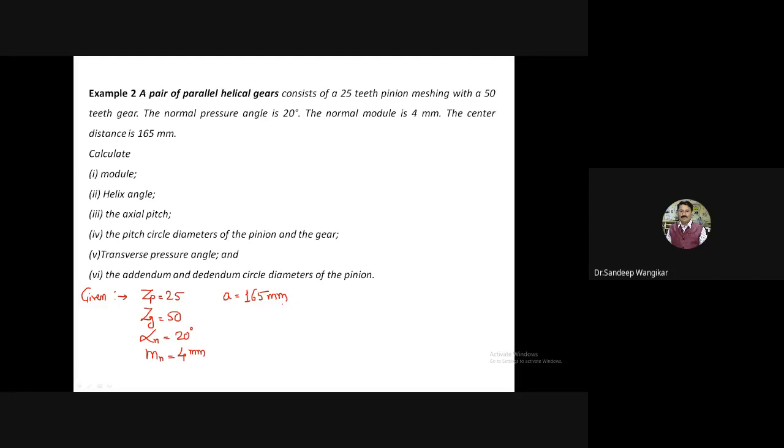See, in the last numerical we just discussed, the psi value is given. Now in this case, the center distance is given. And what is asked in this case? What is required to be calculated? First we have to calculate the transverse module.